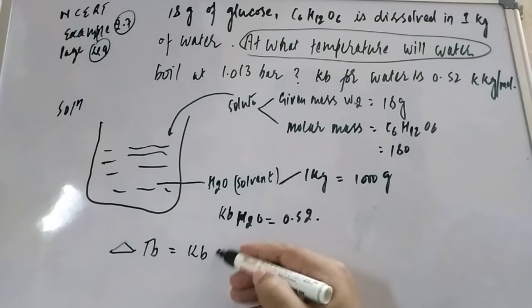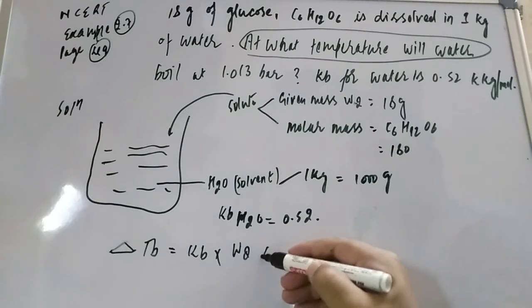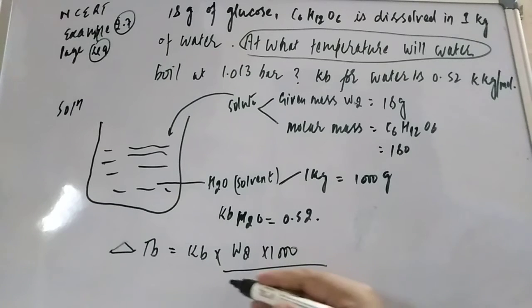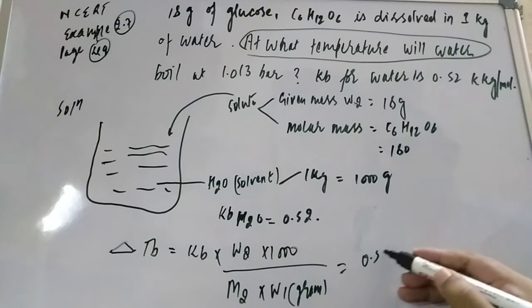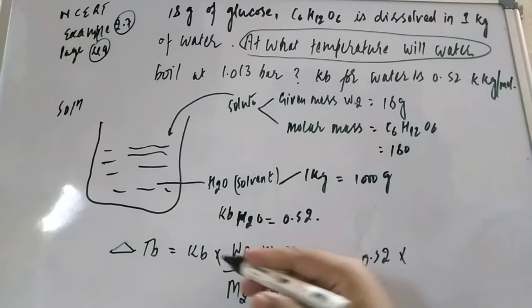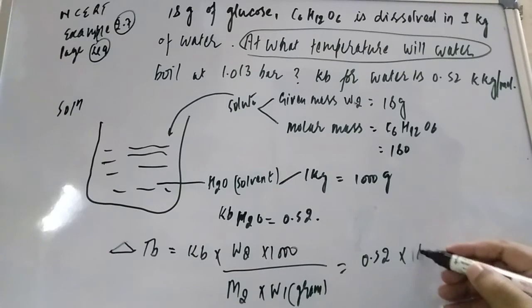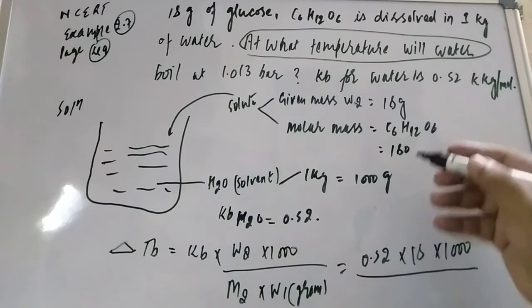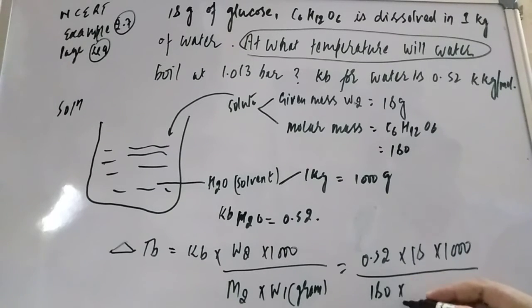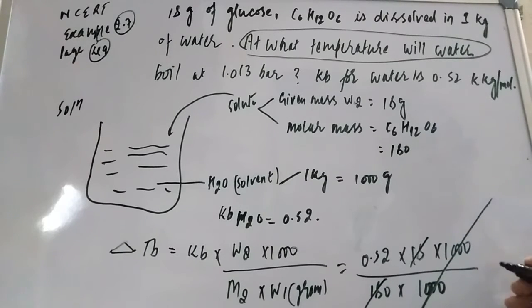Kb into W2 into 1000 divided by M2 into W1, in gram. Now Kb is 0.52, multiplied by W2, which is 18 gram, multiplied by 1000, divided by M2, which is 180, multiplied by W1, the given mass of solvent, 1 kg, which means 1000 gram. So the 1000 cancels out, and 18 cancels out. So what is it coming to, student?